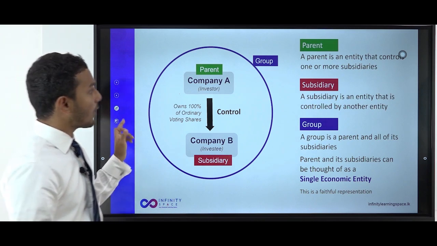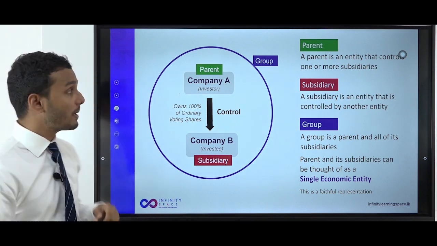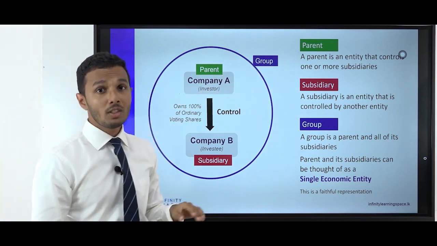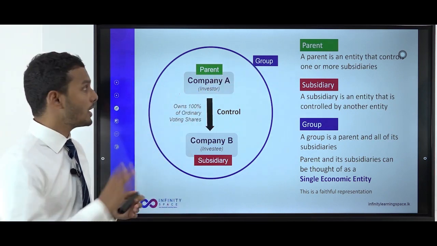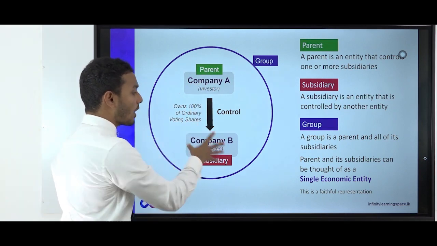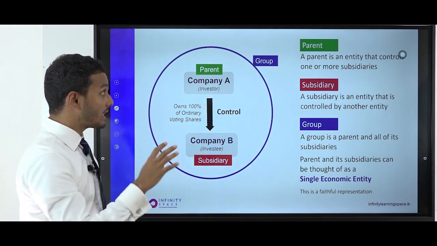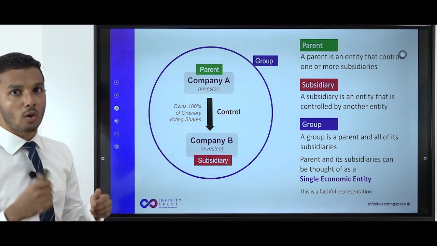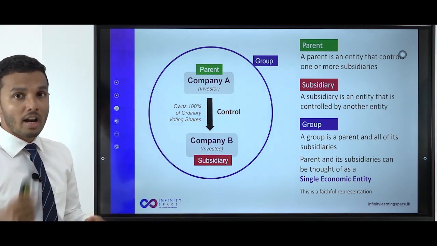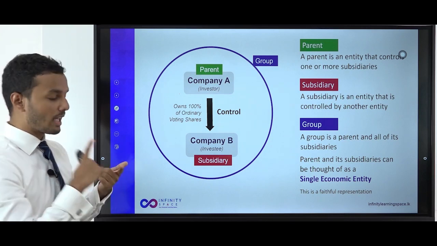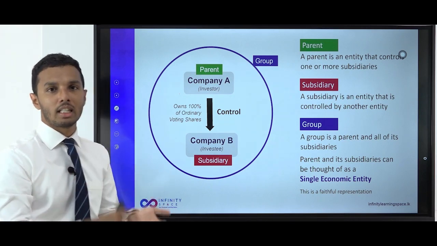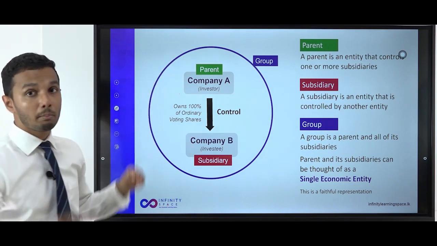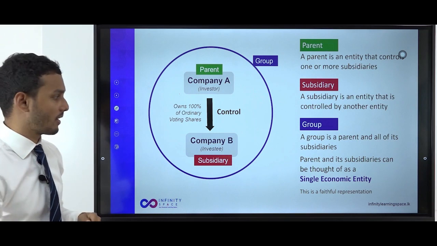And when we prepare consolidated financial statements, we prepare them for this group. So in consolidated financial statements, we don't see company A or company B, right? What we see is the group, meaning both of them put together. So consolidated financial statements are financial statements showing the assets, liabilities, equity, income, expenses and cash flows of both company A and B put together, right?